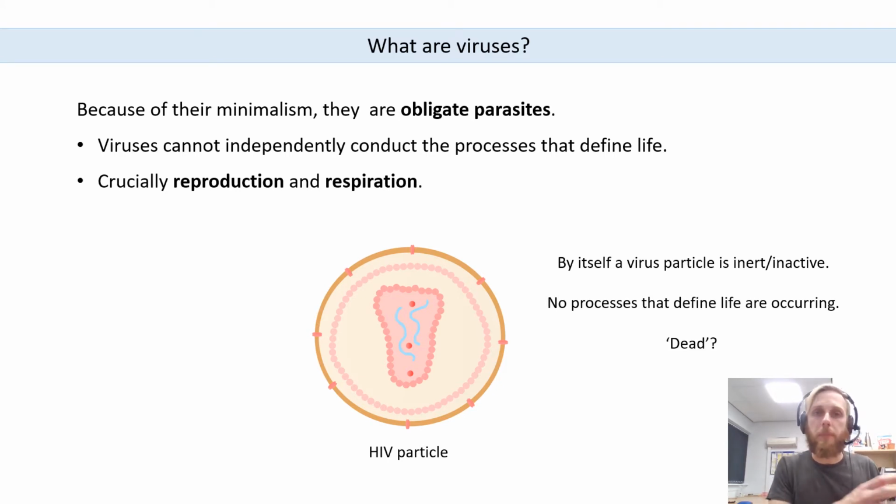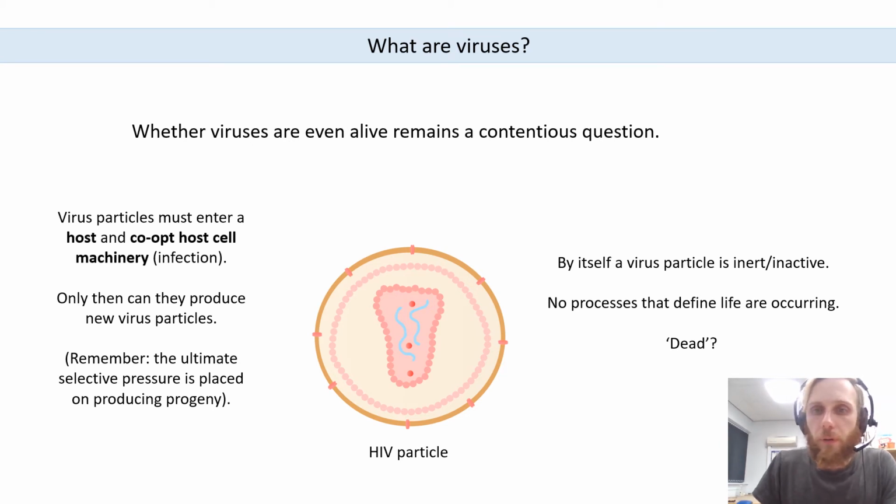So what we can better describe a virus as is inert. It's not doing anything that makes it alive. It's inactive. So it has the inert stage, and then it has the living stage or the replicating stage. And the replicating stage takes place in the host cell environment. So that's my take on it. Feel free to disagree. As I said, there are some really good arguments both ways.